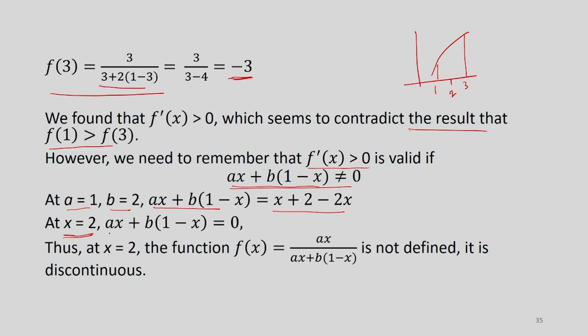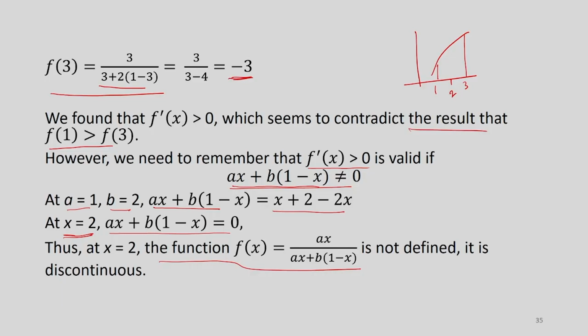Then this expression turns out to be 0, which means that the function that we are given, f of x, which is ax divided by ax plus b times 1 minus x, is not continuous at x equal to 2. It is not even defined at x equal to 2.